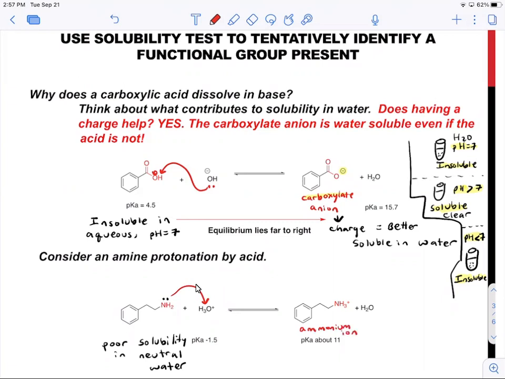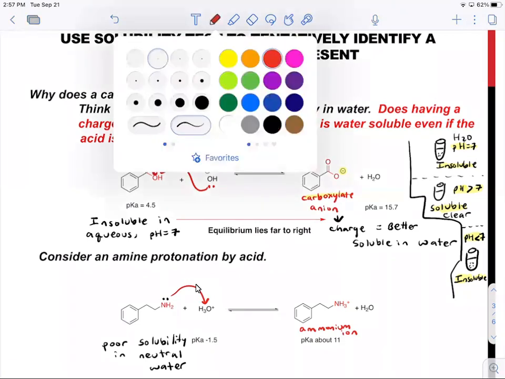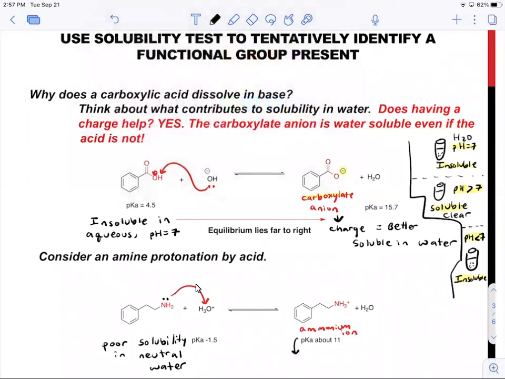And this, again, is a charged species, so we're going to see better water solubility. And so for amines, in the aqueous acidic solution, we should see the solution clear up and become homogeneous. Whereas in the neutral or basic solution, we would expect the organic compound to remain insoluble.